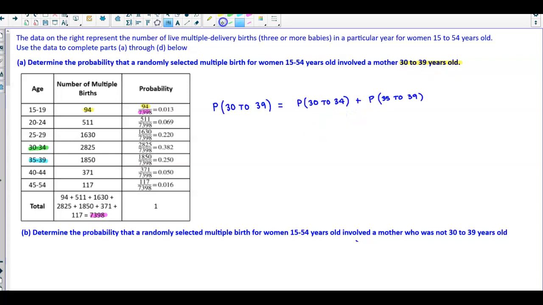So we need to find the probability from 30 to 34, plus the probability of 35 to 39.